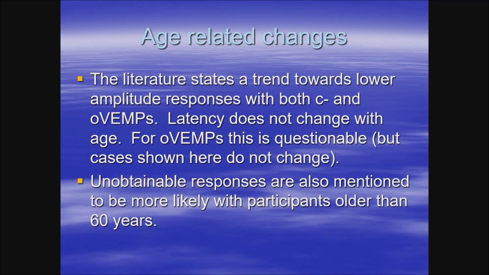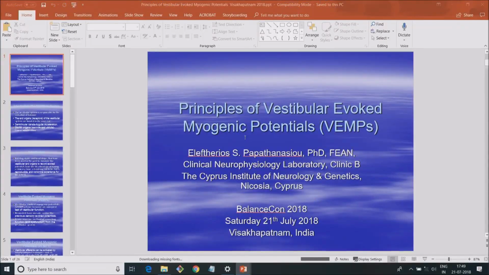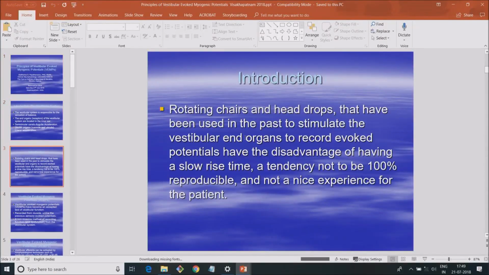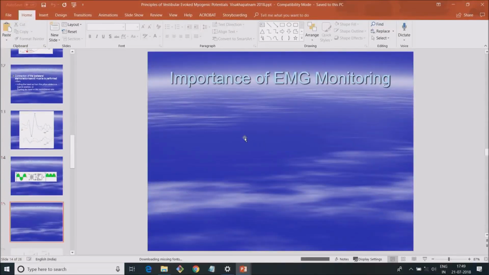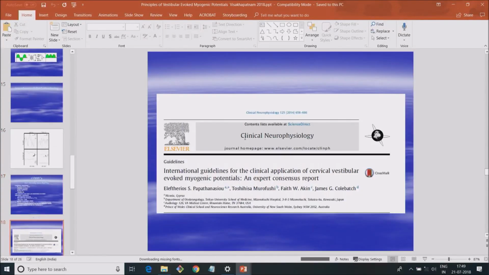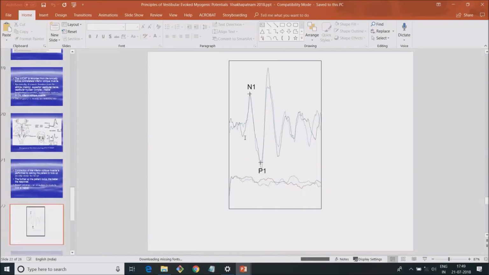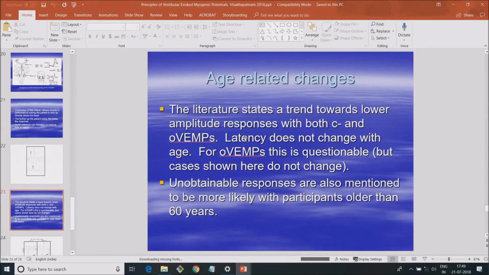With regards to cervical VEMPs, the latency does not change. So you can record a C-VEMP in an 85-year-old and still get a response at 30 milliseconds. And amplitude does drop.